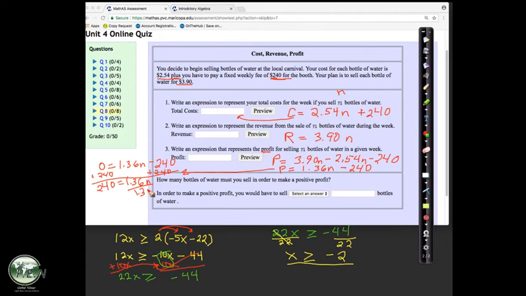She doesn't like to write it on both sides. She just writes it on the other side where it cancels off. She just drops it. That's perfectly fine. So there's different ways of doing things as long as you understand what you're doing. So n would be equal to 240 divided by 1.36. Anyone got that? 176.47.